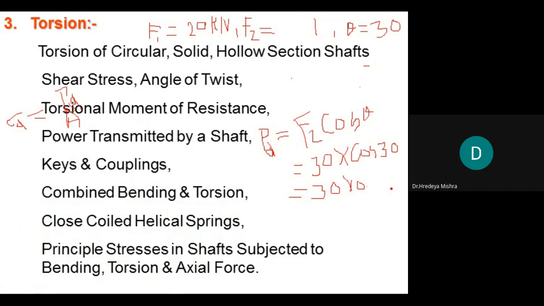So the degree value is 0.866, and the value is 25.98. So we can consider it 26 kilonewton.